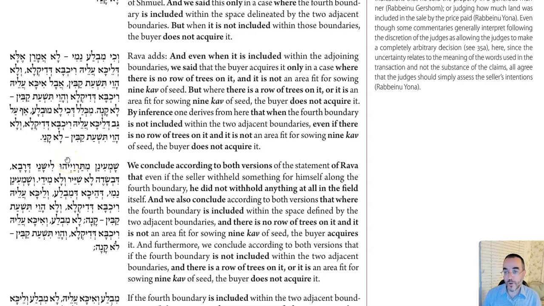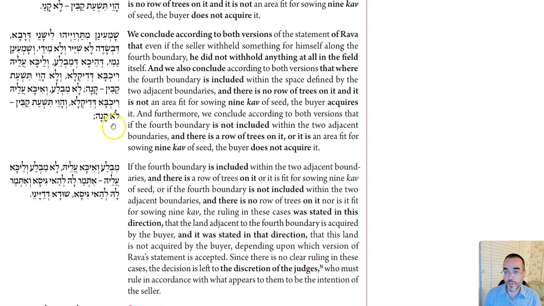Now the Gemara summarizes what's the common denominator between them and what are the areas where they disagree. We see, according to both versions of Rava, that the seller is not keeping anything for himself within the inside part of the field. Right, definitely on the inside part, he gets it all, as opposed to Rav Ashi.